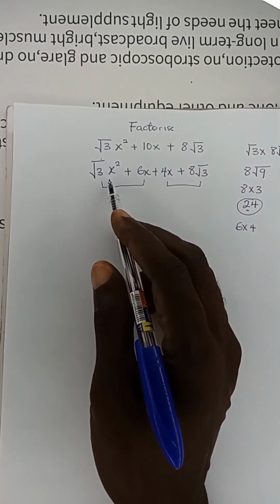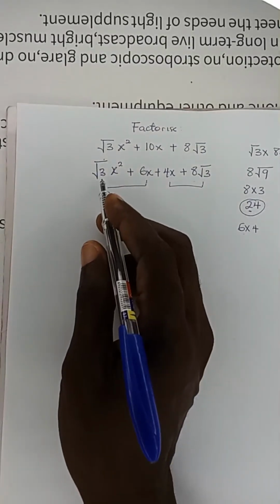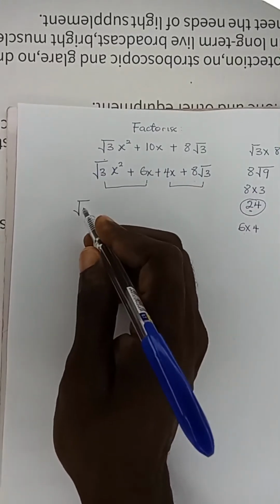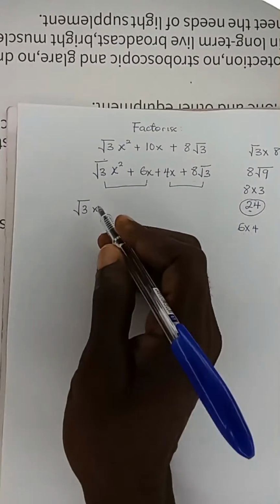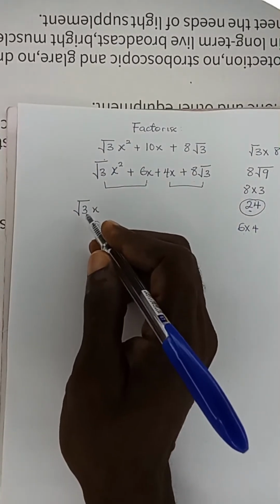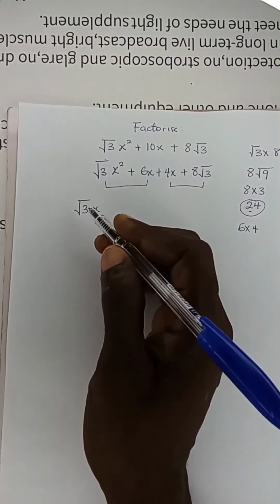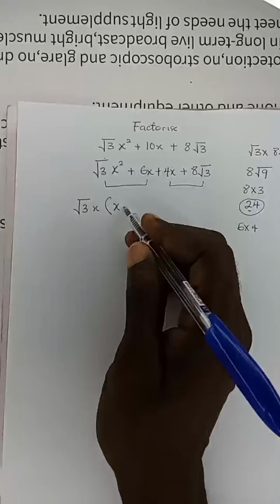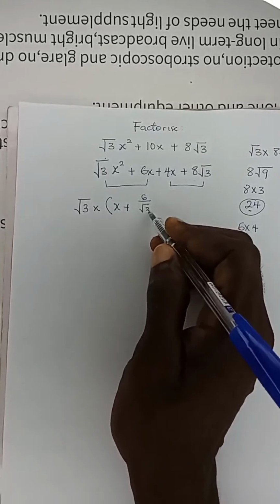Okay, so now let me write it this way. I will say root 3x is common. Look at what I will do. If I say root 3x, don't forget the root does not cover x, it can only cover 3. So I will say root 3x, then x plus 6 over root 3.